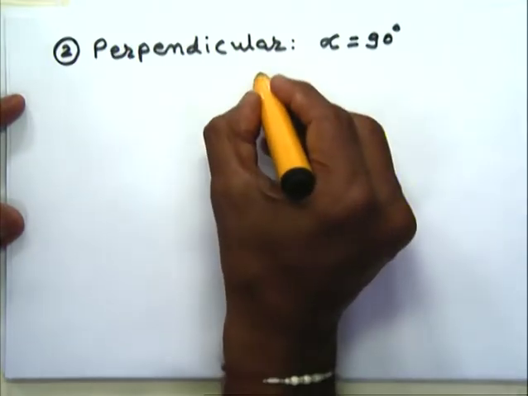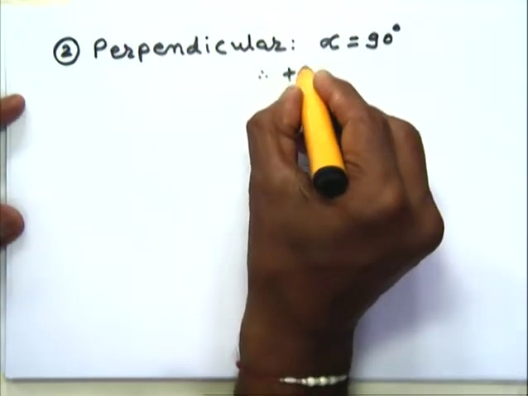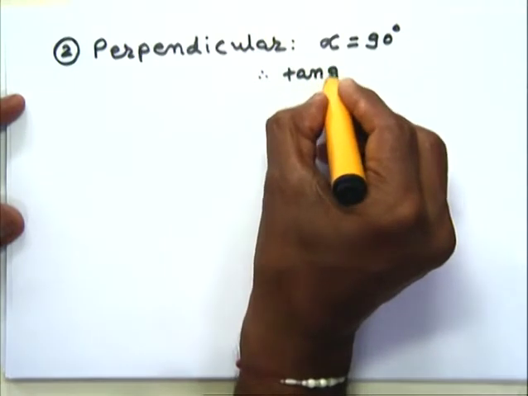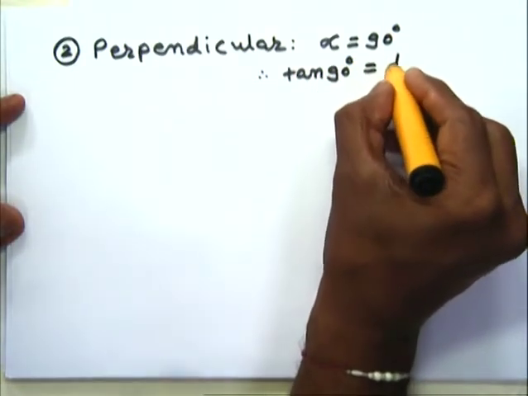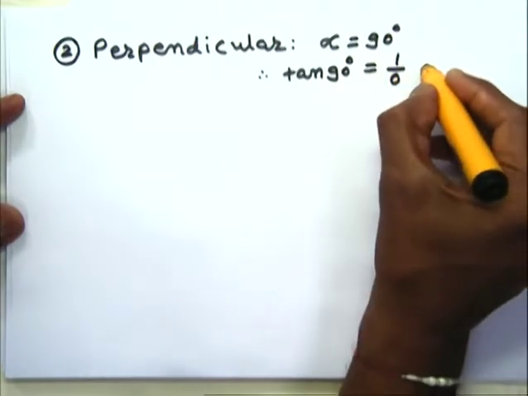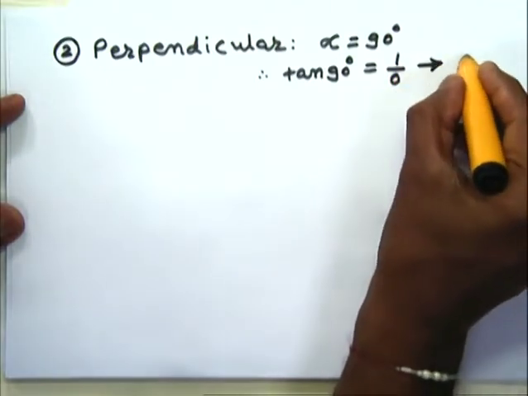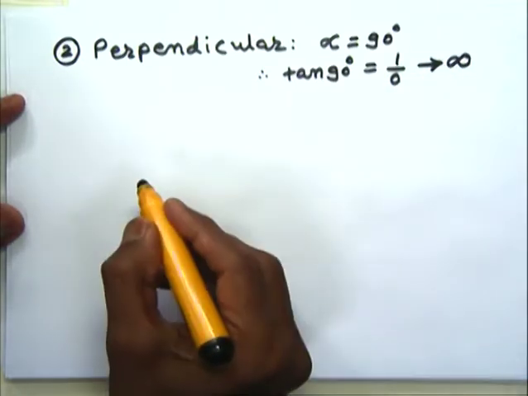And we know that tan 90 or tan pi by 2 is sin 90 by cos 90, undefined, infinity.